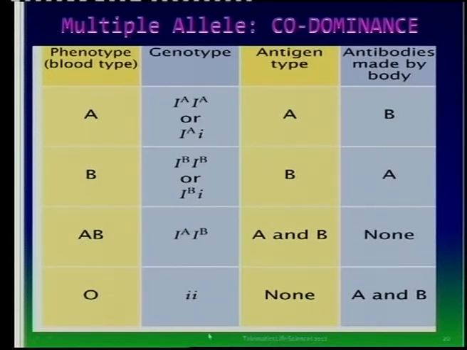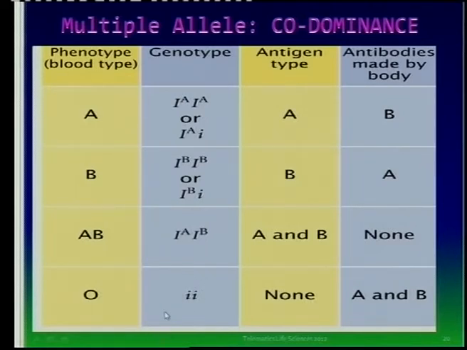And with blood group O, then the 2 recessive genes. And this is the reason why O is the universal donor and AB is the universal acceptor. If you are blood group AB, you can receive blood from everybody. And if you are O, the blood service people are after your blood because you can donate to anybody.